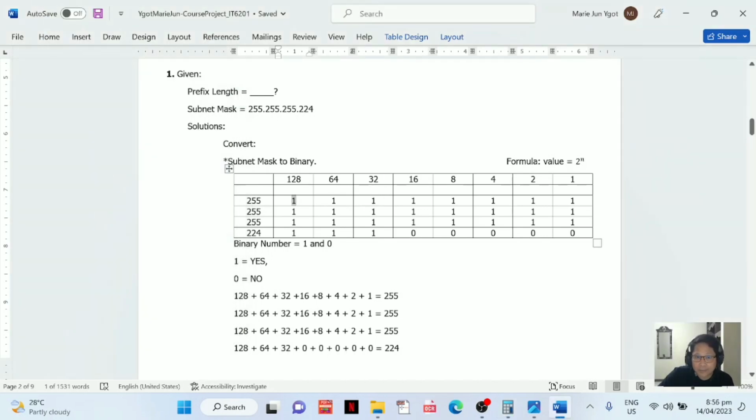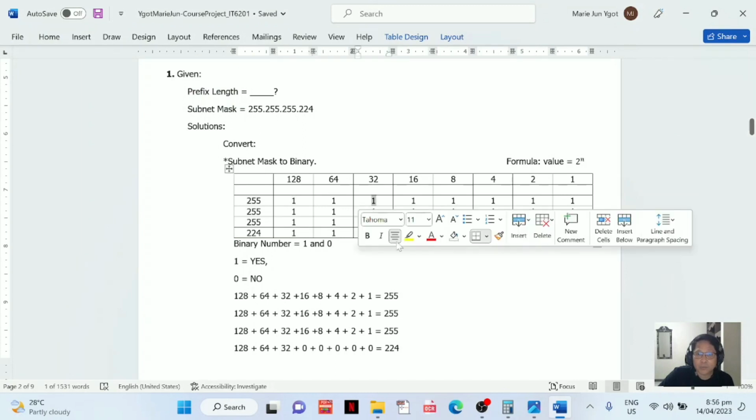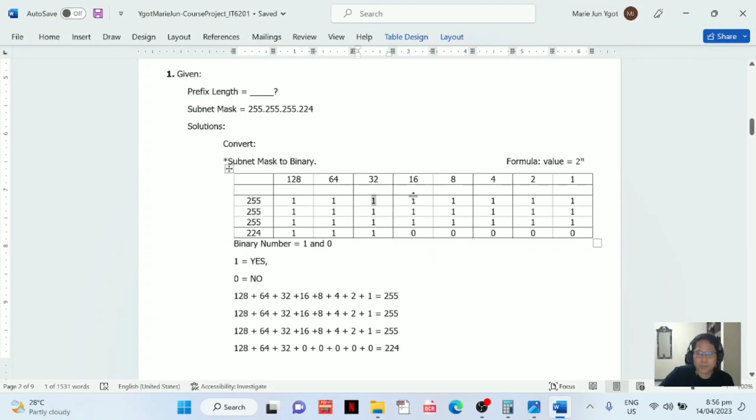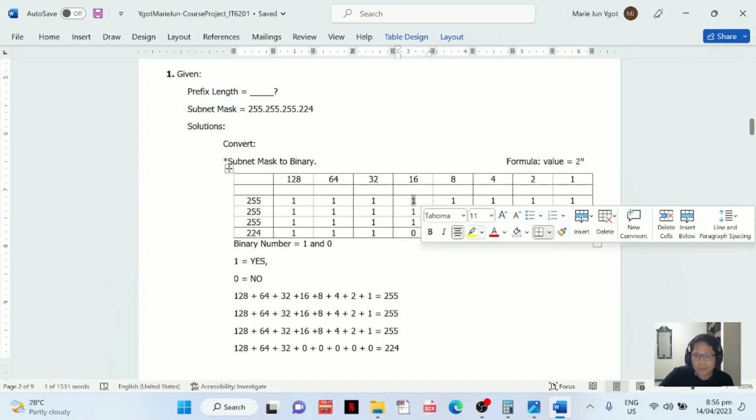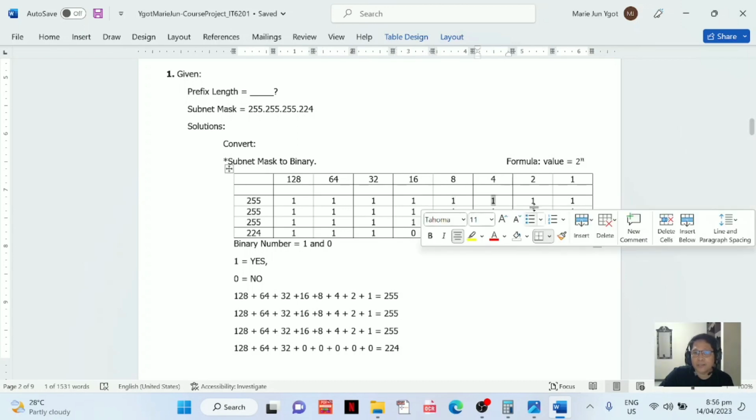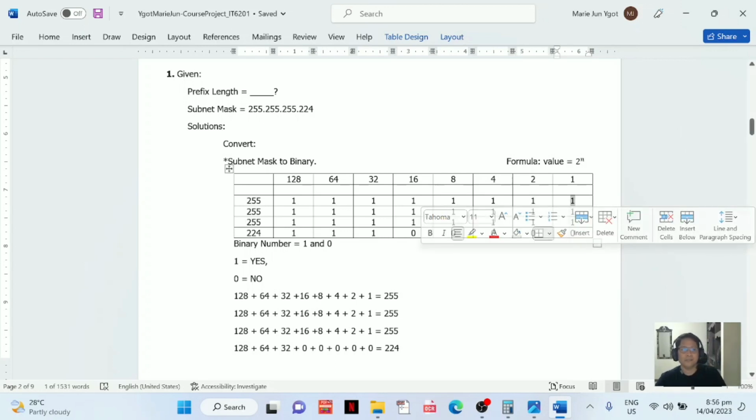That's why we put 1 here. And also 16, 8, 4, 2, and 1.